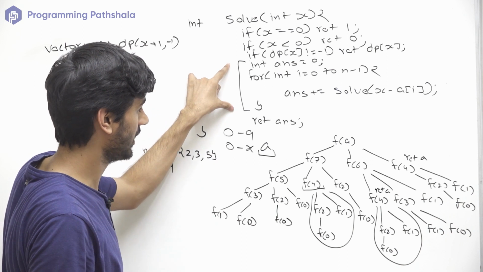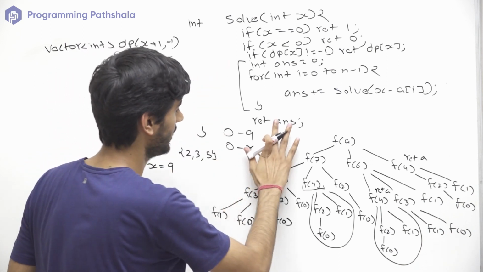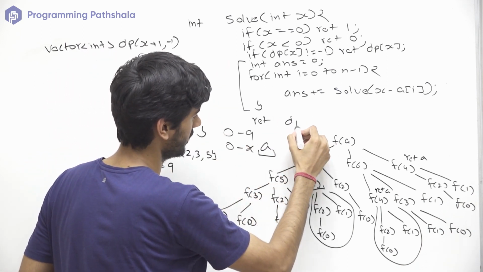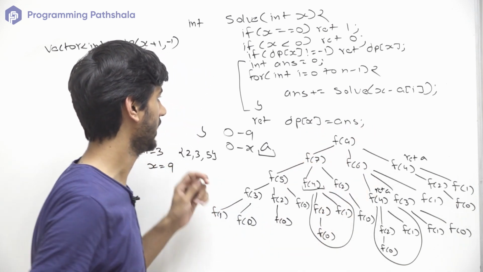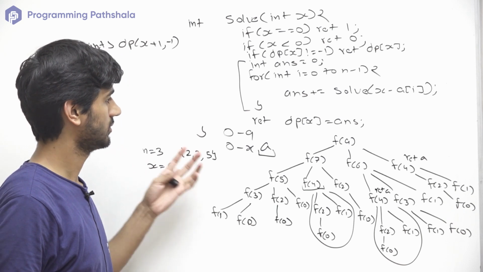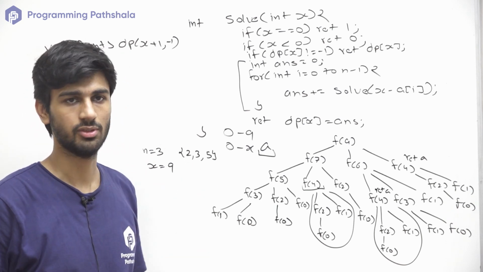Otherwise, we can execute this part and find out the answer, and before returning, we can store it, right? So dp of x will be equal to ans, right? Okay, cool. So this will be the memoized solution for this.